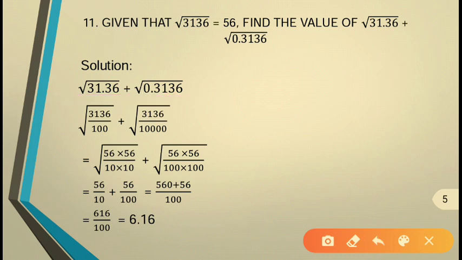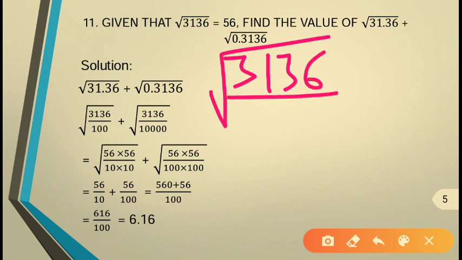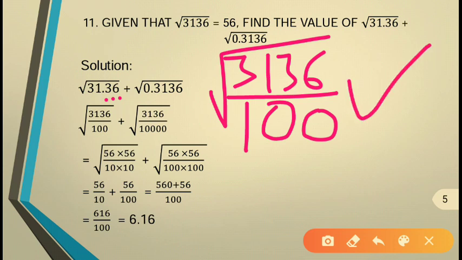How will you remove the decimal? This can be written as under root 3136. You will multiply by 100 and divide by 100, because the decimal is after the 2 digits. So multiply by 100 and divide by 100. When you multiply by 100 in the numerator, it will remove the decimal and you will get this.